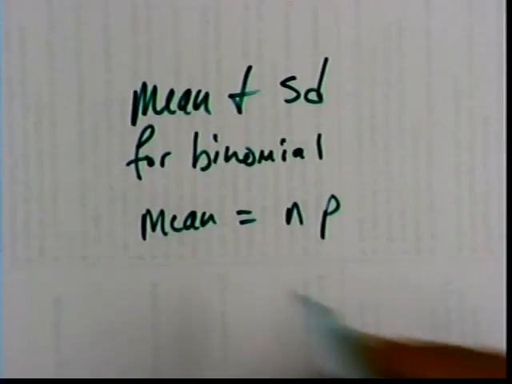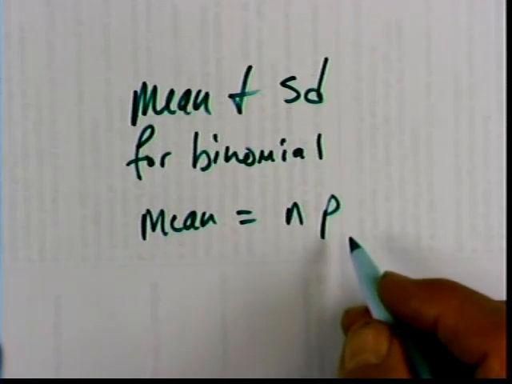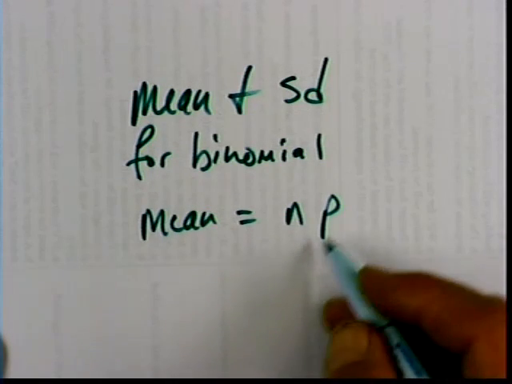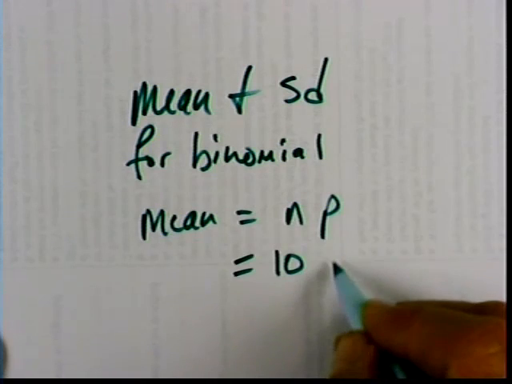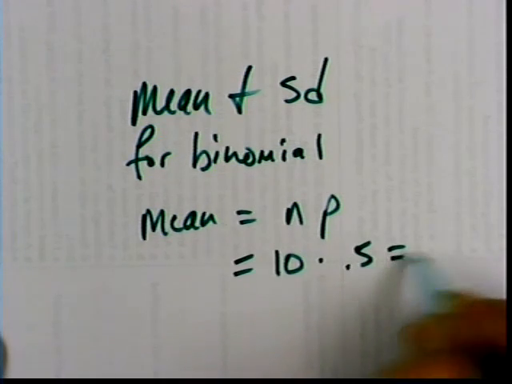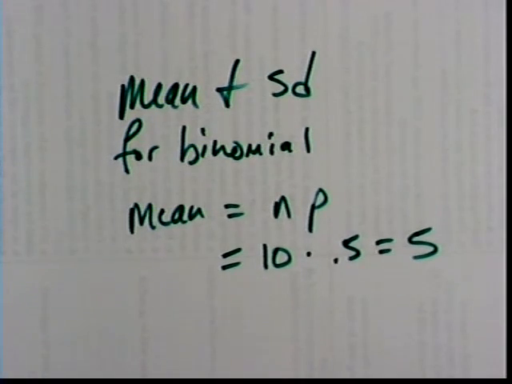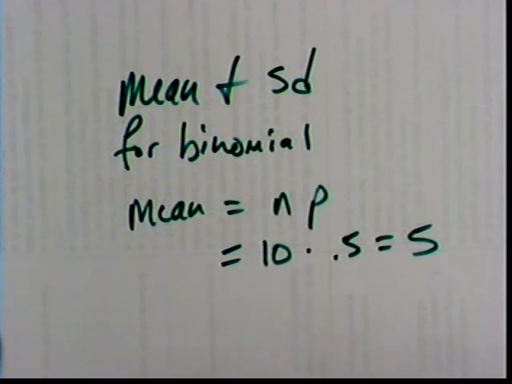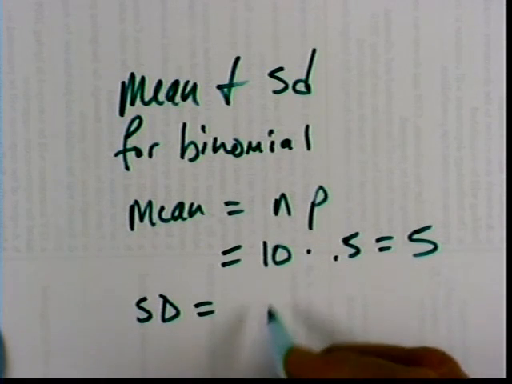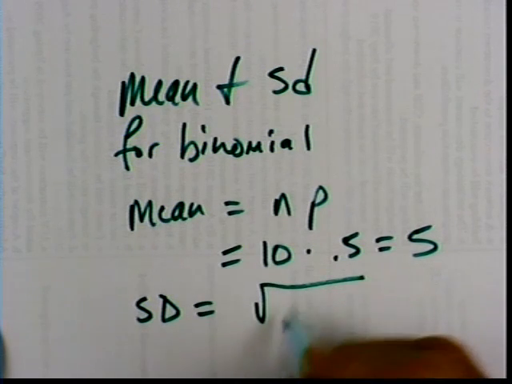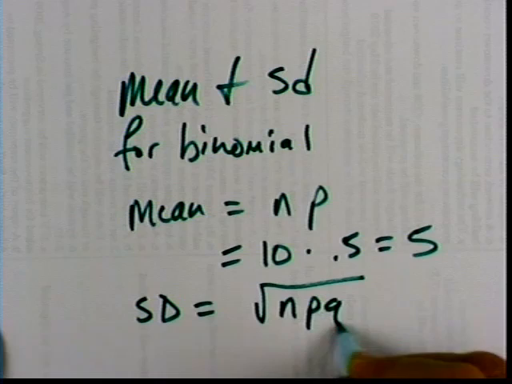So the mean number of times that we'd expect to get heads out of 10 flips times 0.5, we would expect to get an average of 5 heads every time we did that. The standard deviation is going to be the square root of npq.